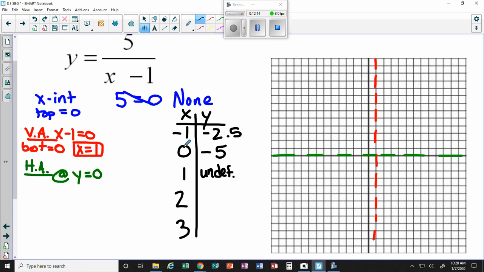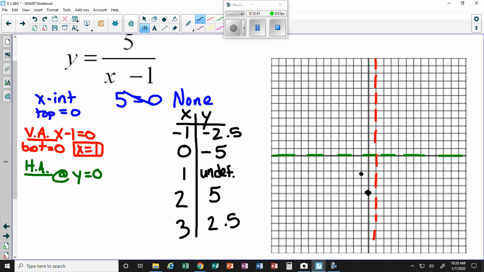Plug in 2, so 5 over 2 minus 1 is 5 over 1, which is 5. Plug in 3, 3 minus 1 is 2, so 5 over 2 is 2.5. Alright, so 0 is at -5, and -1 is at -2.5.